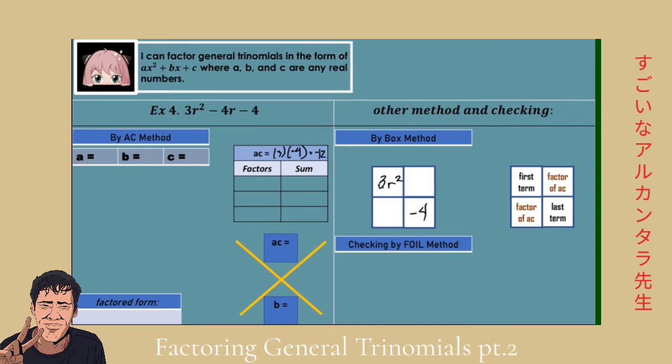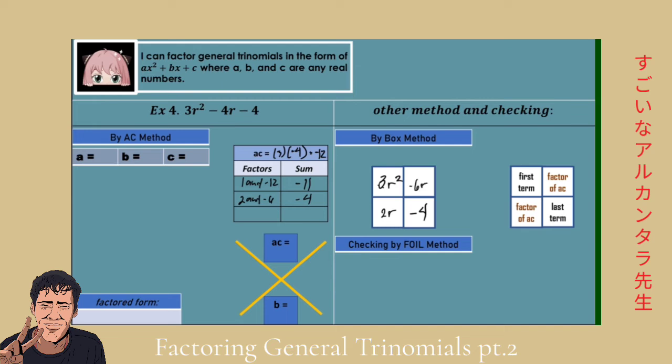So what factors of negative 12 will give us negative 4? We can have 1 and negative 12, but that is equal to negative 11. We can have 2 and negative 6. That will give us negative 12, and if you add it, that will be negative 4. So we will use 2r and negative 6r.